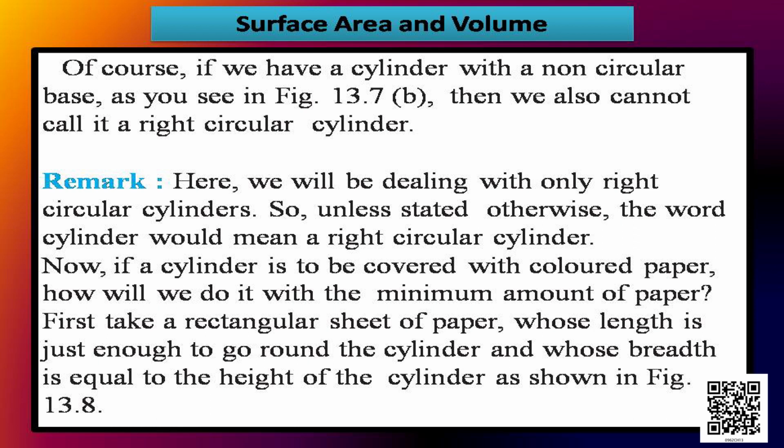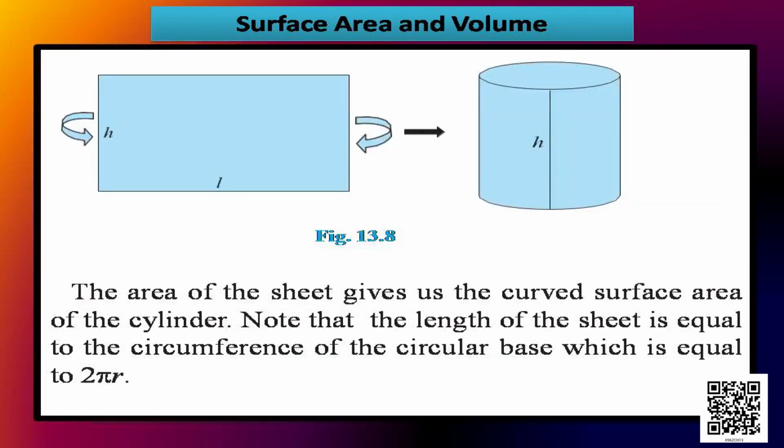Now if a cylinder is to be covered with colored paper, how will we do it with the minimum amount of paper? First, take a rectangular sheet of paper whose length is just enough to go round the cylinder and whose breadth is equal to the height of the cylinder, as it is shown in figure 13.8.